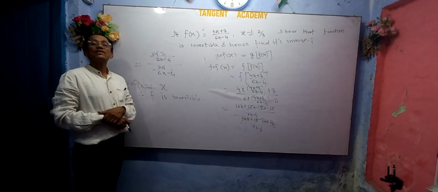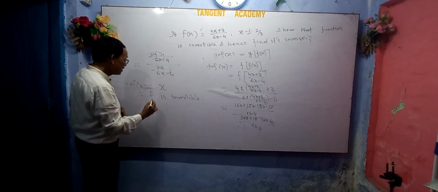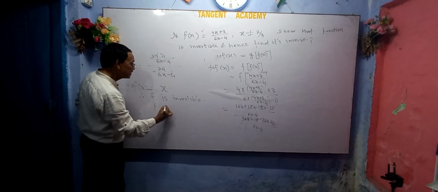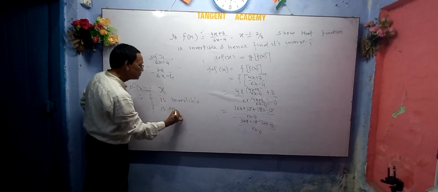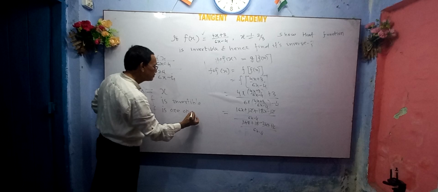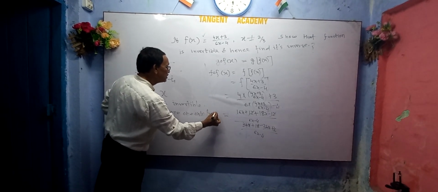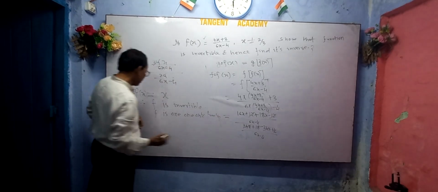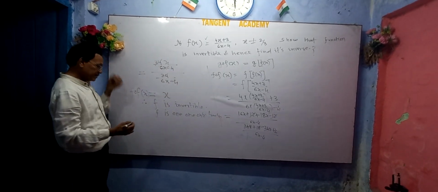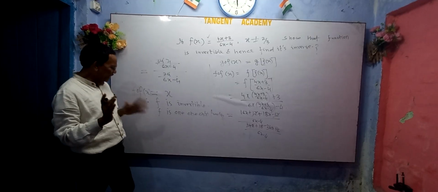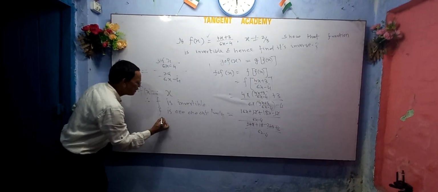Invertible means f is a one-one onto function. This can also be shown by saying that f is bijective.